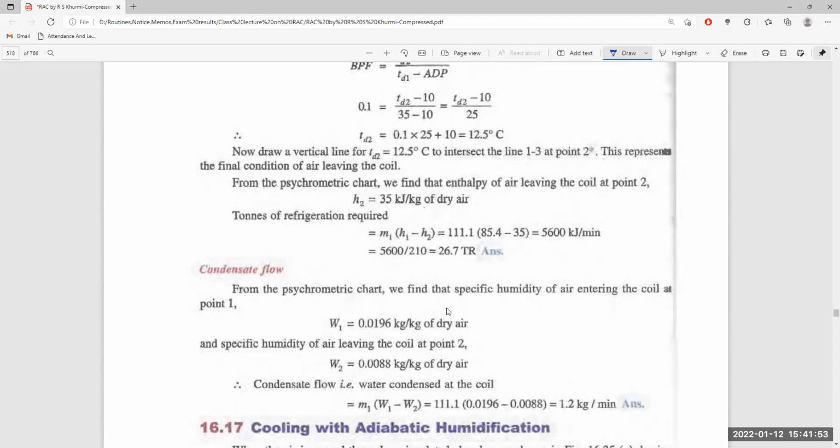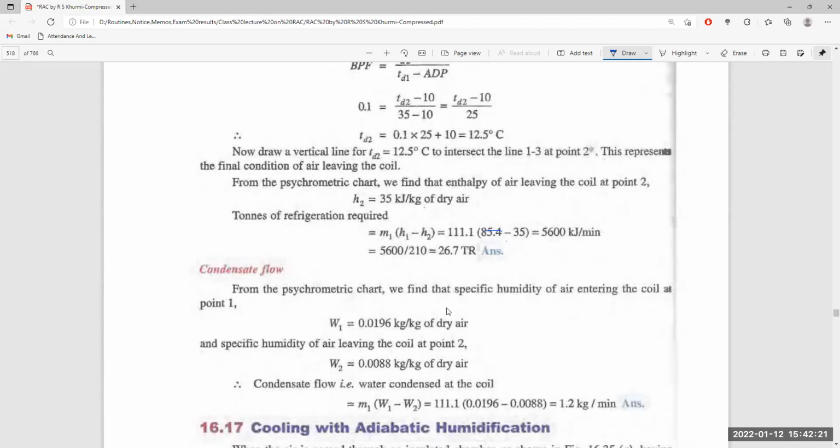So tons of refrigeration is the mass multiplied by the inlet minus outlet enthalpy difference: 1.1 times (85.4 minus 35), giving 56,000 kJ per hour.